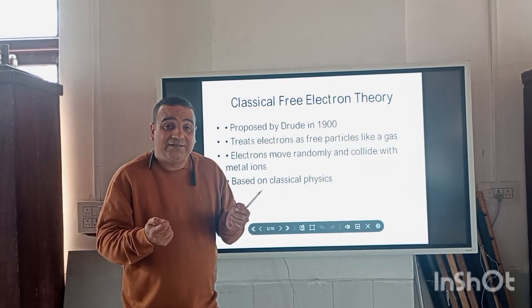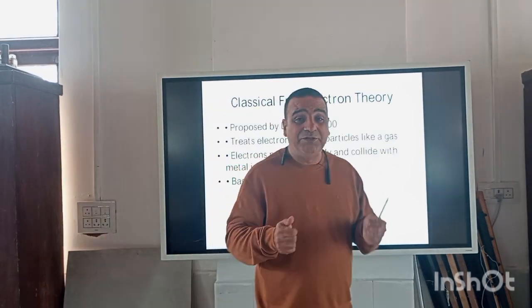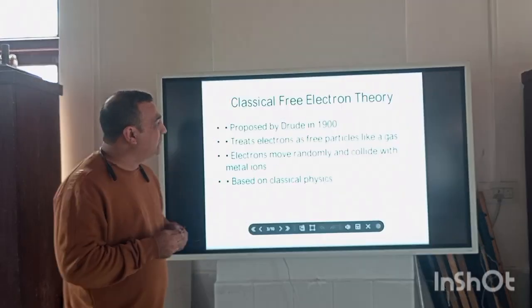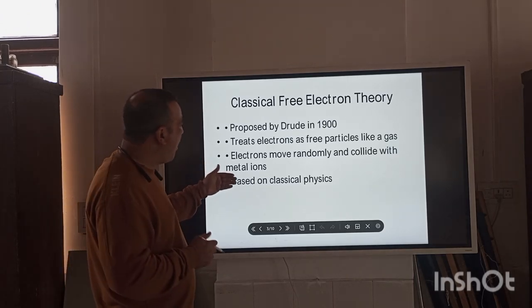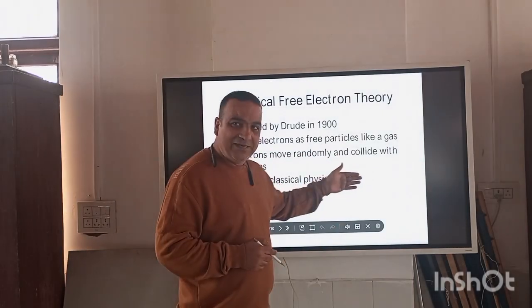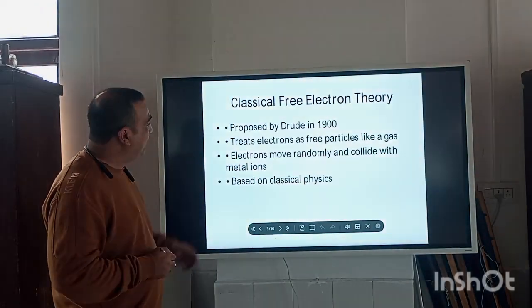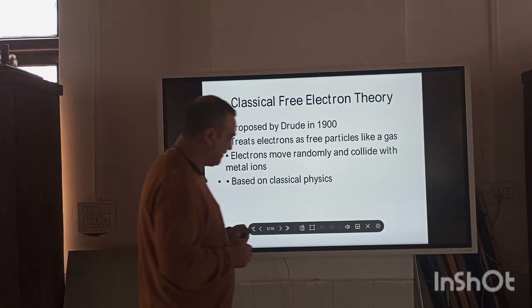That doesn't mean they can leave the metal, because there is a positively charged background that prevents the electrons from leaving the surface. So electrons move randomly and collide with metal ions. This is the basic approach of classical physics.